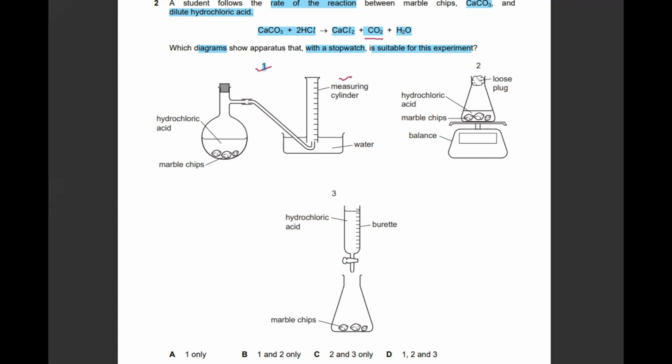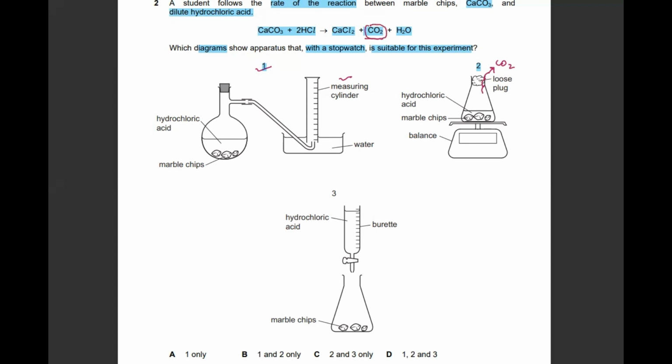Now similarly for the second one, again you will be using a stopwatch where you will be checking the decrease in the mass of the marble chips. Because here the carbon dioxide is not trapped within the setup. The carbon dioxide is allowed to escape because they have a loose plug here, and this loose plug is of cotton wool. So according to the experiment, you're getting a gas, that's carbon dioxide.